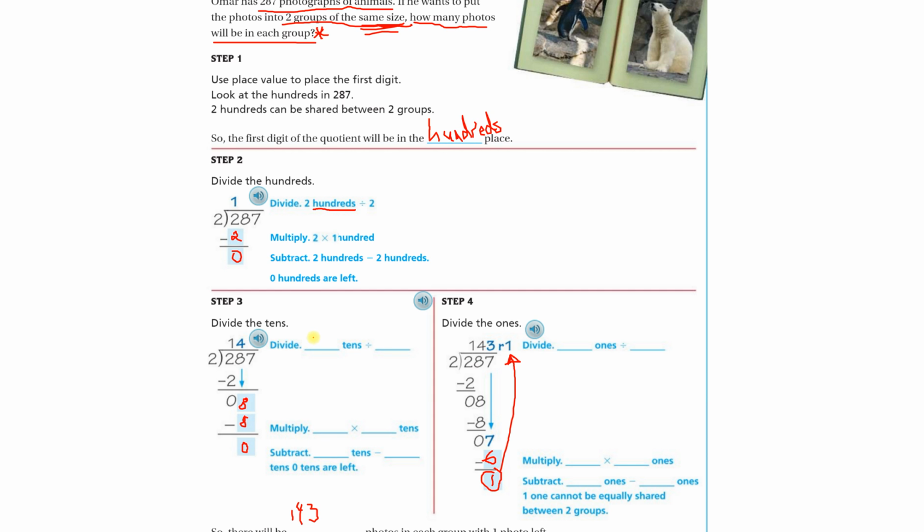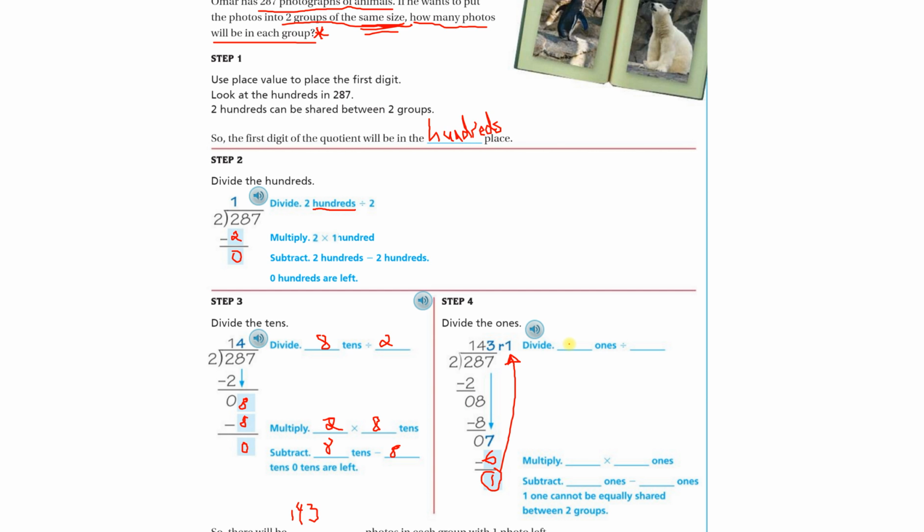So divide the tens. So we're dividing 8 tens divided by 2. And then we multiply 8 tens by 2. Subtract 8 tens minus 8 tens. And we get 0 left.